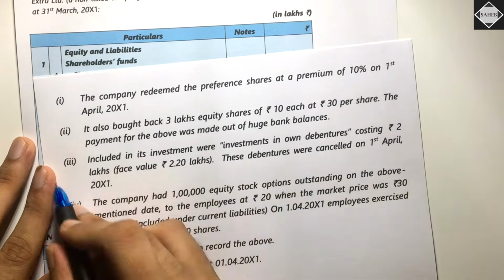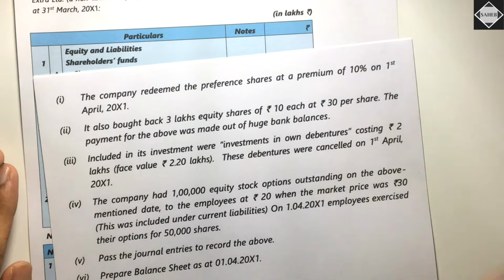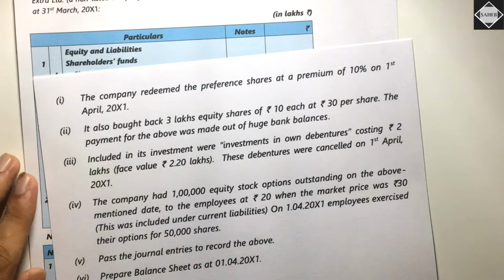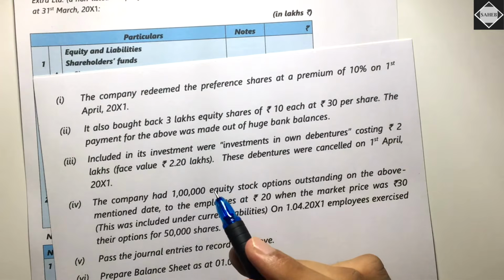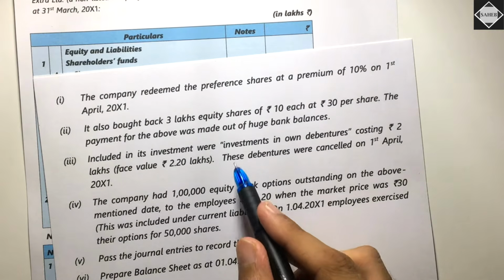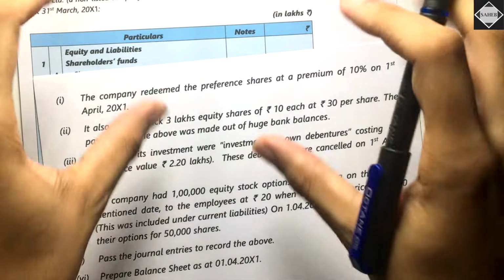So here they are talking about redemption of debentures. There are many methods of redeeming debentures. Here they are specifically talking about purchase in open market. Whenever the market value of the debentures falls considerably, companies purchase their own debentures.